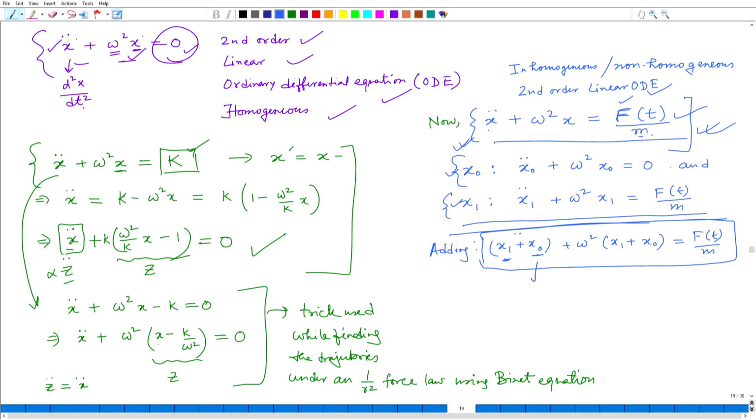This x 0, which is the solution of the homogeneous part, is called a complementary function, sometimes we say CF, and x 1, which is very specific to this form, is known as a particular integral, which is P.I.